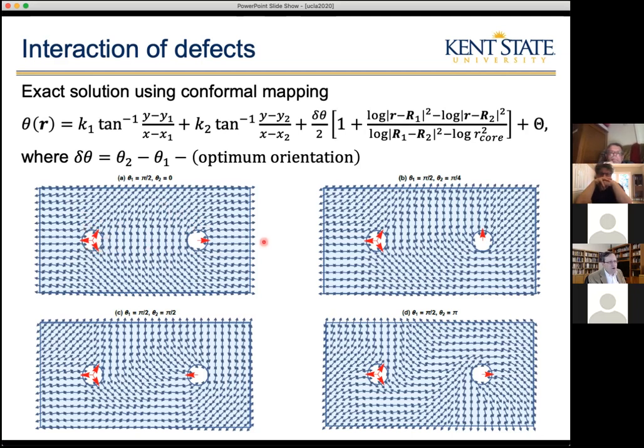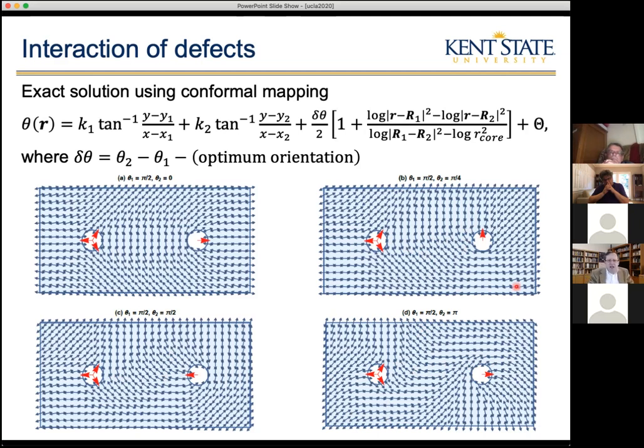And so I want to calculate what is the director field in all of the light blue region going out to infinity, everywhere except at the core. This is a case with one kind of relative orientation. Here's a case with a different relative orientation. Here it's even more different.